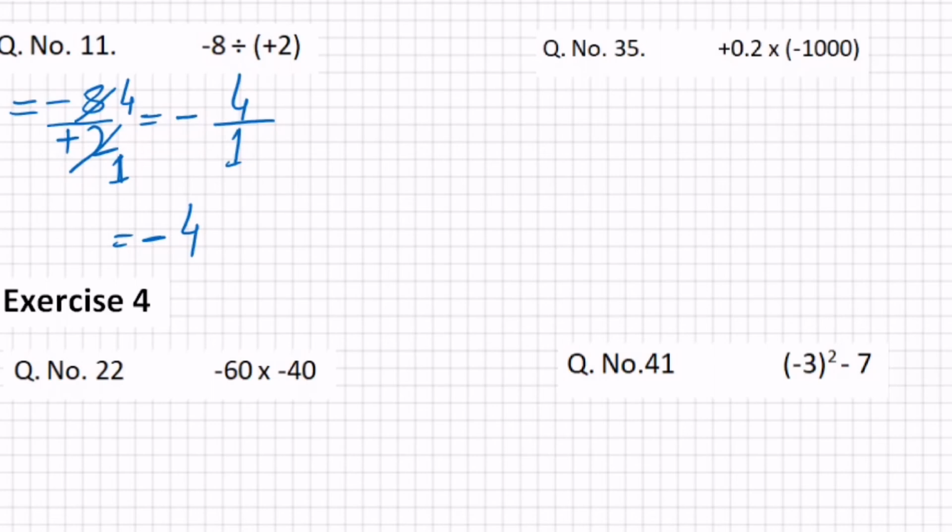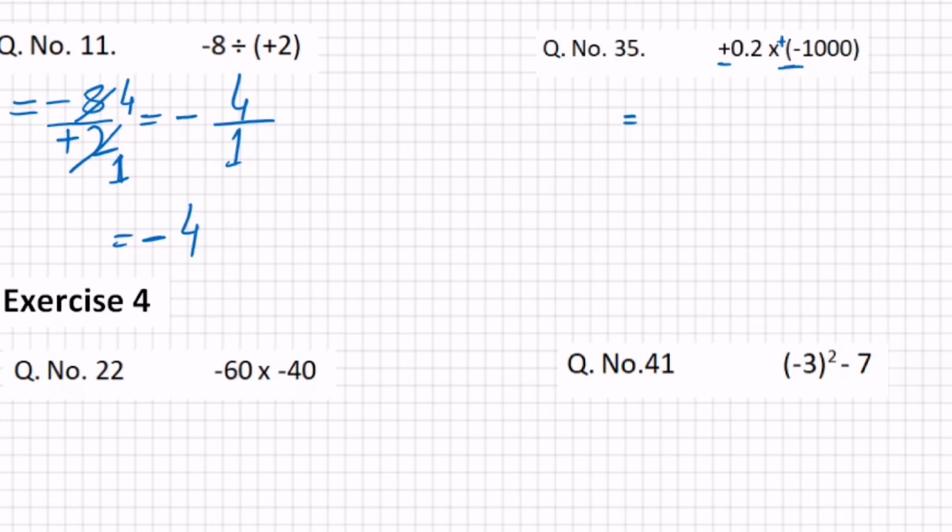Now question number 35. Here you have to multiply the numbers, and you have to write equal signs. Here this is plus and here is minus, so first multiply these signs. Look here, there's a plus outside.